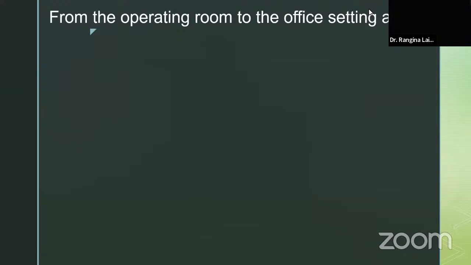So, talking about the operating room and basic knowledge of hysteroscopy. When we start hysteroscopy, it is very important for us to know each and every step. Apart from each step, the instrument and the irrigation we are going to use, and the flow meter.